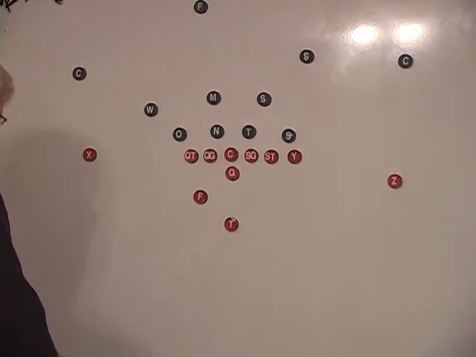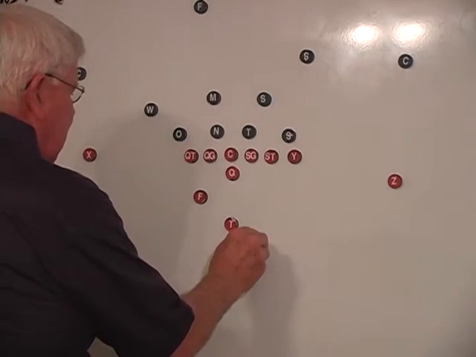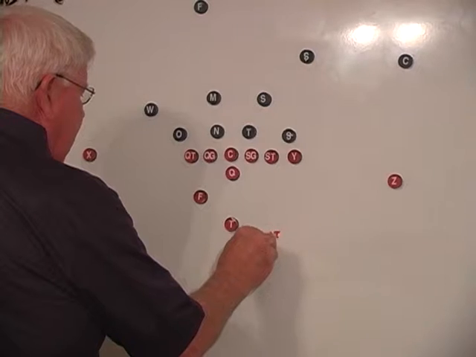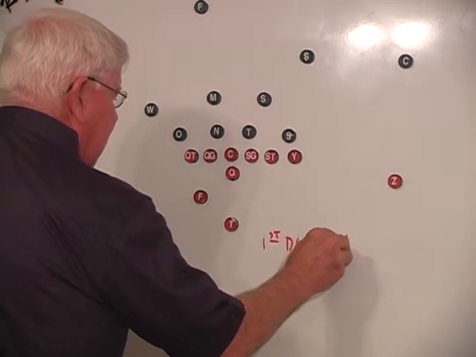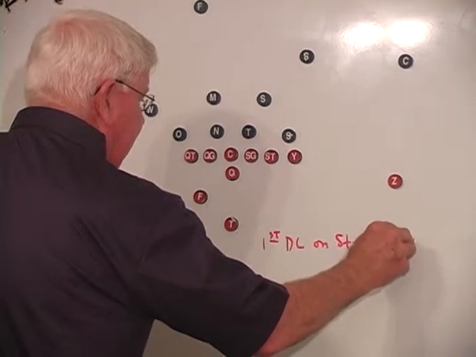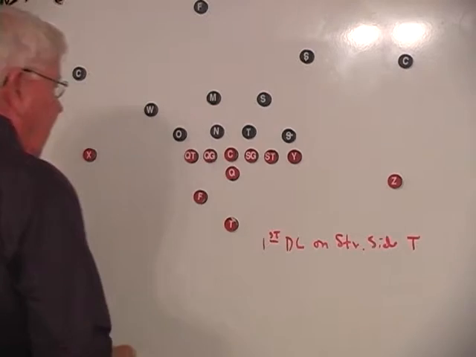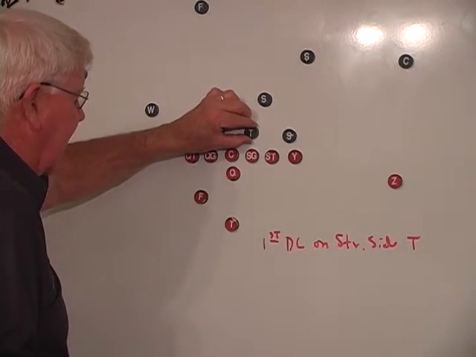We start out and we say that the first defensive lineman on the strong side is a tackle. Wherever he is, he is the tackle.